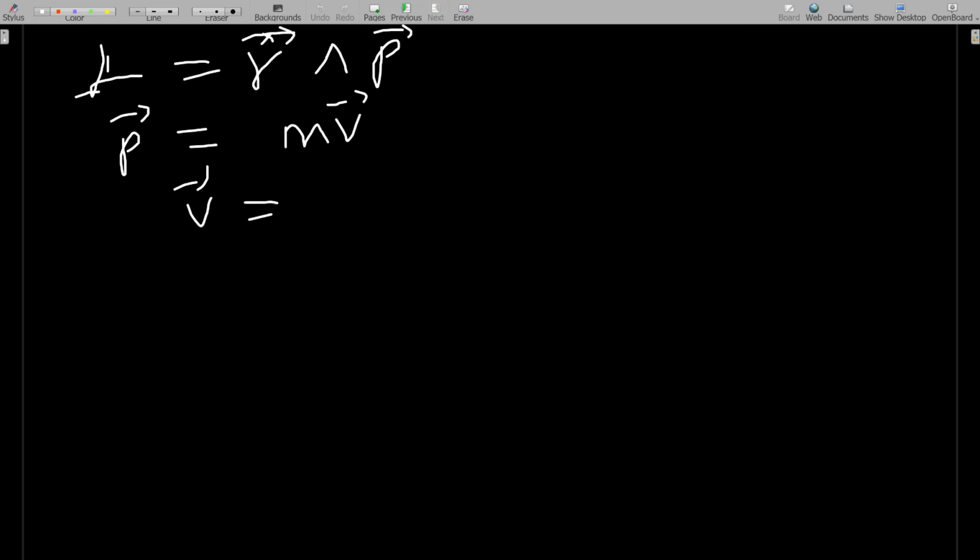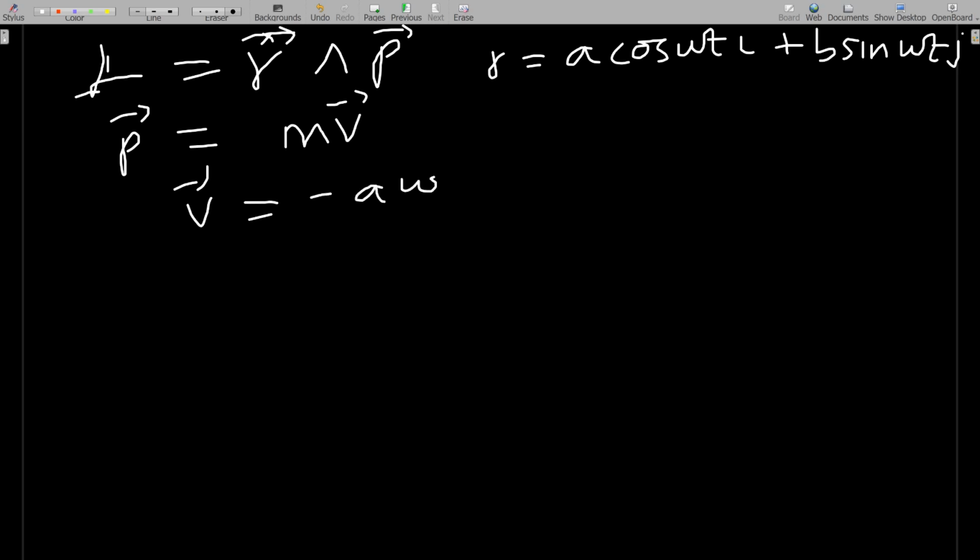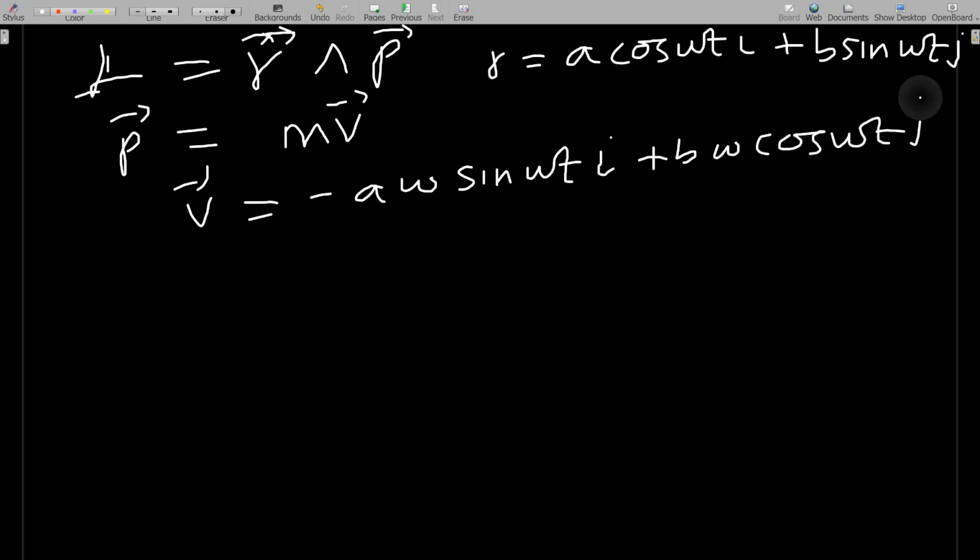r is already equal to a cos omega t i plus b sine omega t j. v is equal to the differential, which is minus a omega sine omega t i plus b omega cos omega t j.